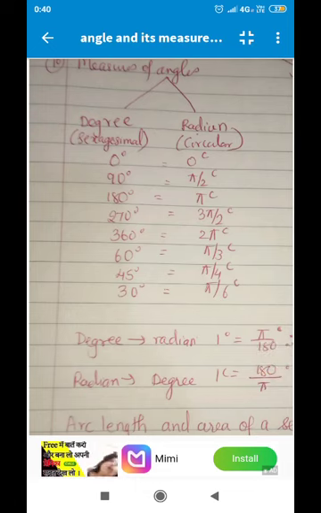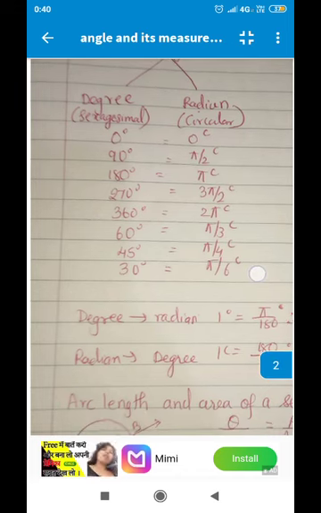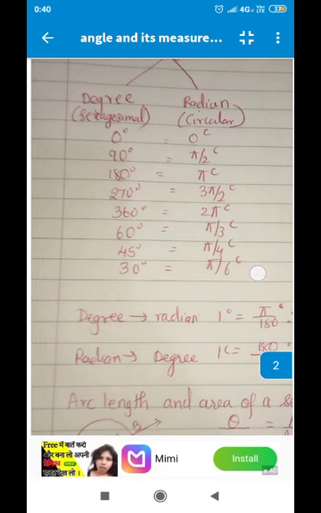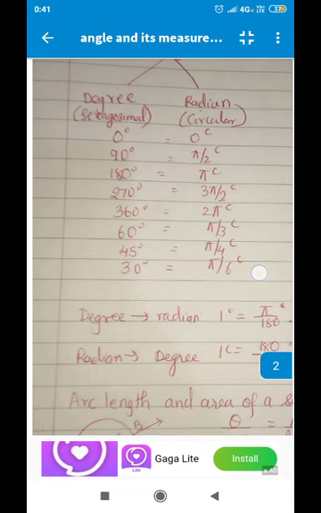So if 180 degrees is pi radian, then definitely half of 180 is 90, therefore half of pi will be pi upon 2. The triple multiple of 90, that is 270 degrees, is nothing but 3 times pi upon 2, and 360 degrees is nothing but 4 pi upon 2, which gets cancelled and becomes 2 pi radian.